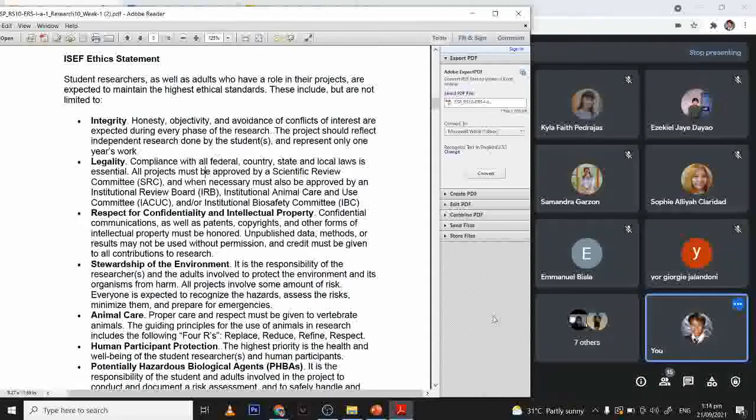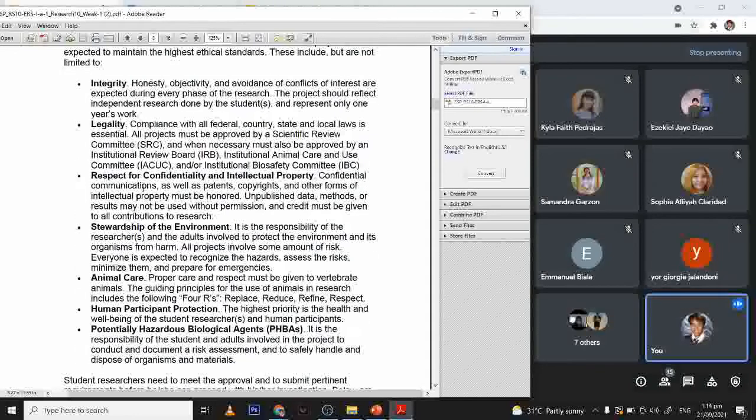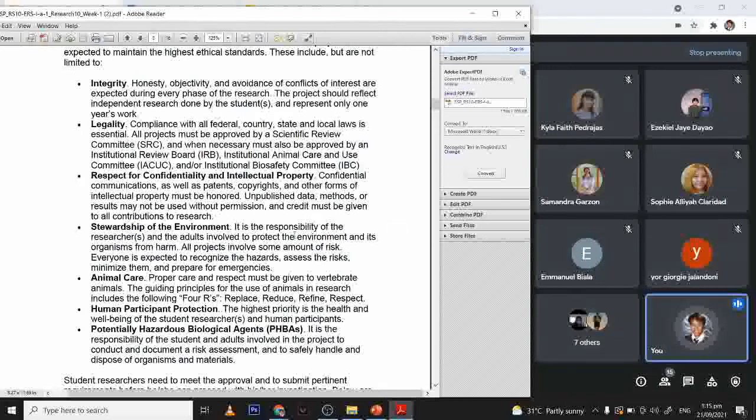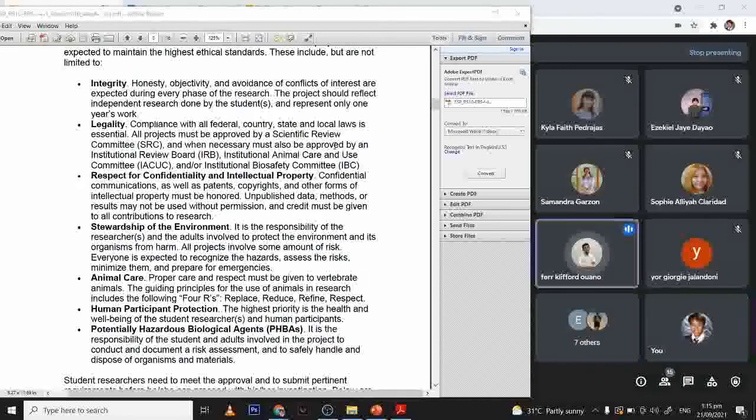Unpublished data, methods, or results may not be used without permission, and credit must be given to all contributions to research. So that's why citation is important. You can be sued depending on how you cite. It's like stealing their work. Intellectual property is serious, you can be sued. Even in music and art.